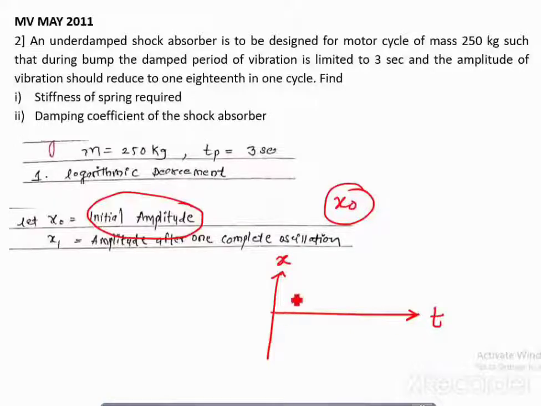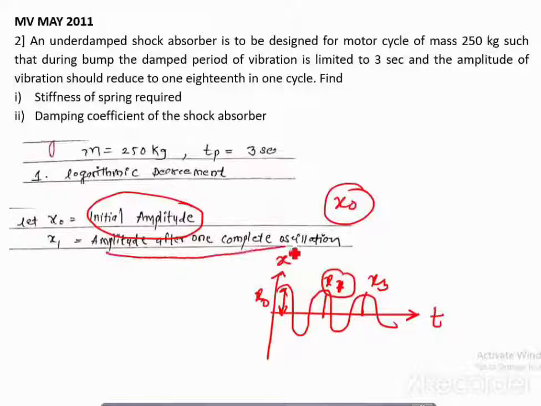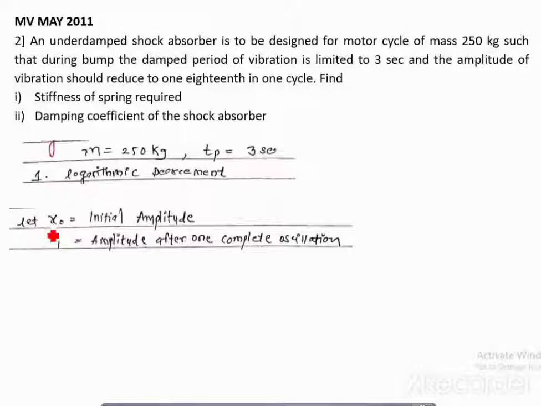Let us say the initial amplitude, that is the first amplitude, is x0, the second amplitude is x1, and this is x3. So what is this x1? X1 is the amplitude after completion of one oscillation. One oscillation means one cycle. Is it clear? That is why x0 and xn.